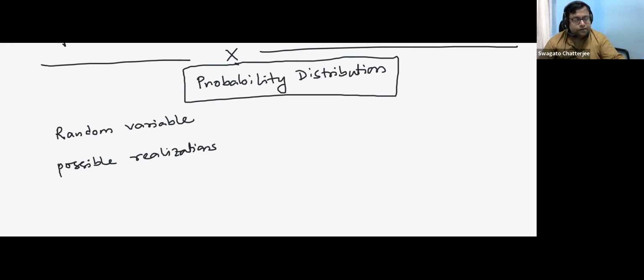But let's say the gender. If I ask what is the gender of the next person, then probably I have 3 choices: male, female, others. I do not have any other choices. So those are the possible realizations.